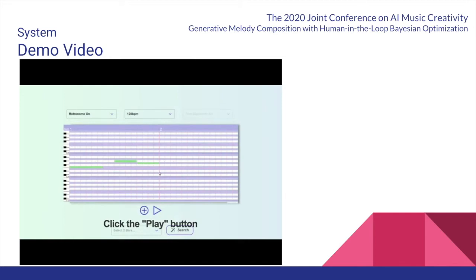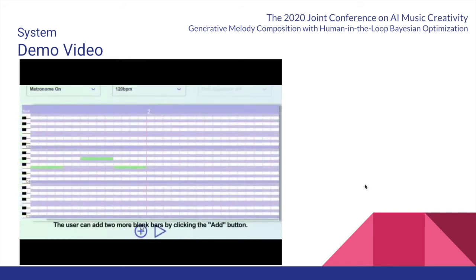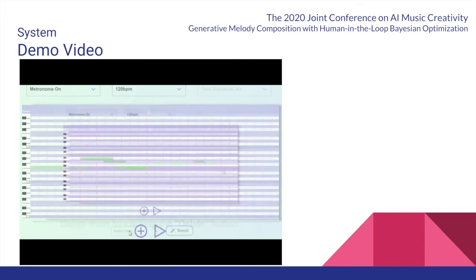Click the Play button. The user can play the notes to check whether they are satisfied with them. Right-click a note to delete it. The user can add 2 more blank bars by clicking the Add button. Delete them by clicking the Delete button.